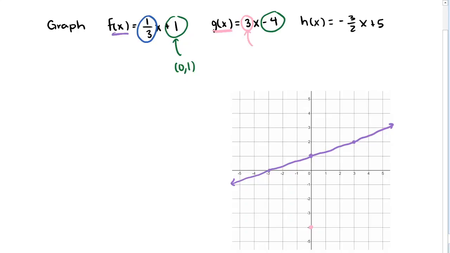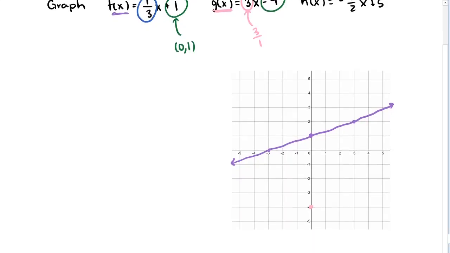But we can read this as the number 3/1. And so I can see that if I go up 3 units and to the right 1, I see another point on the graph of this function. If I go up 3 and to the right 1, up 3 and to the right 1, I see all these other points that belong on the graph of my linear function. Because linear functions correspond to lines, I know the entire graph of my function.